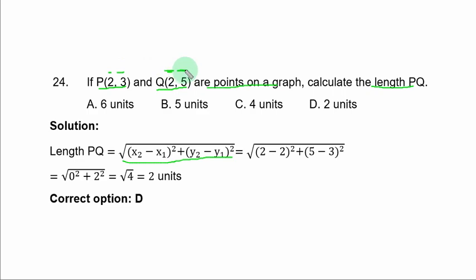If you insert the figures to the formula, you have it in this form. When you simplify, you have 2 minus 2 is 0, you have 0 square. Then 5 minus 3 is 2, that is 2 square. Everything under square root. 0 square plus 2 square is 4, root 4 is 2. So you have 2 units. D is the correct option.